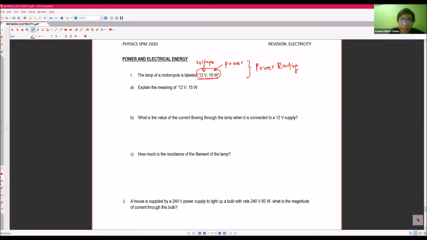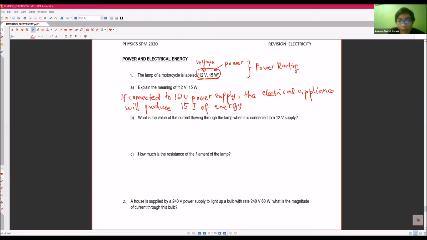So what it says is that if connected to a 12 volt power supply, the electrical appliance will produce or release 15 joule of energy per second.